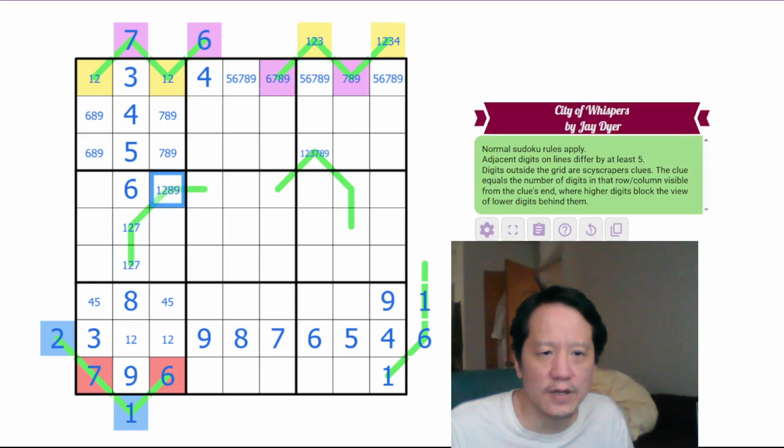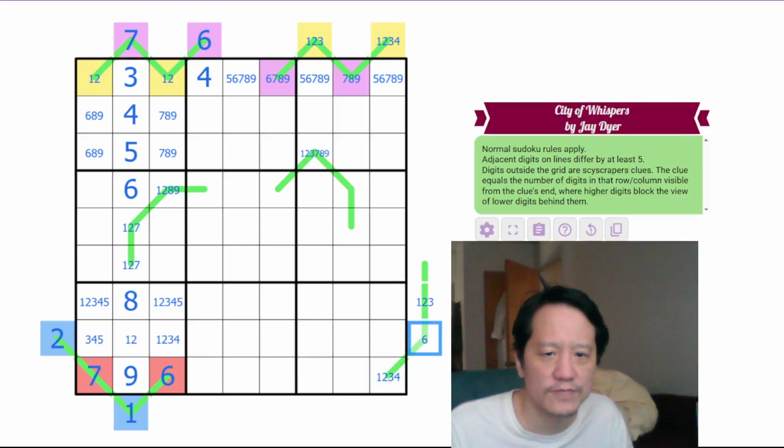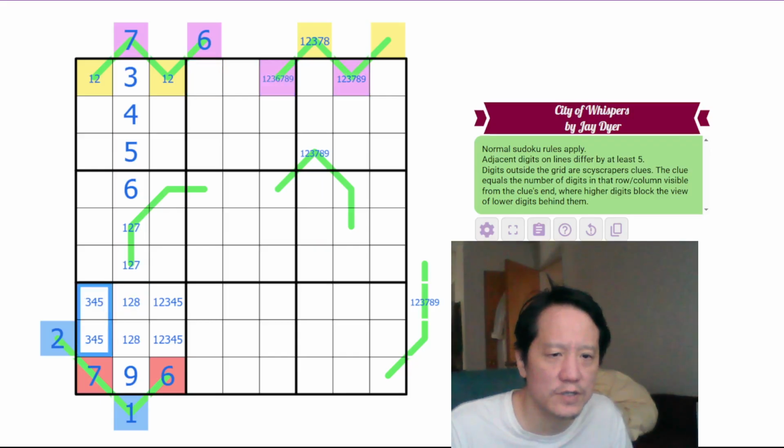So I'm thinking that we should try to look for the other contradiction then. What happens if... So can we ever have this be low is the question.